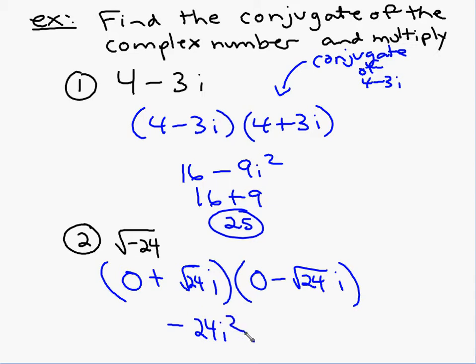Yeah, we're kind of pretending that there's a 0 here, okay? Because we're just using the difference of 2 squares shortcut. We don't even need to FOIL, okay? So then the i squared is negative 1, and my final answer is positive 24, okay?